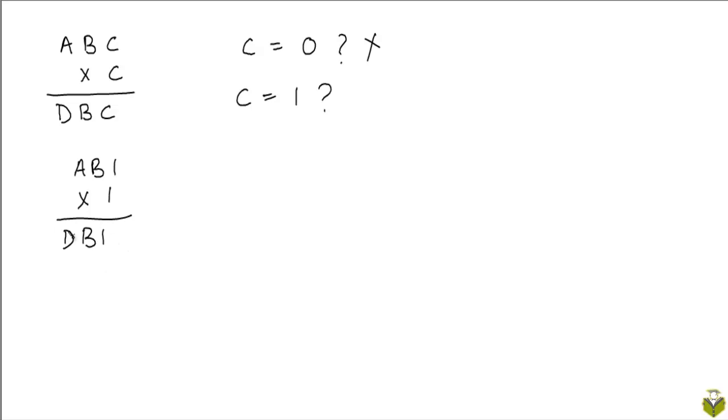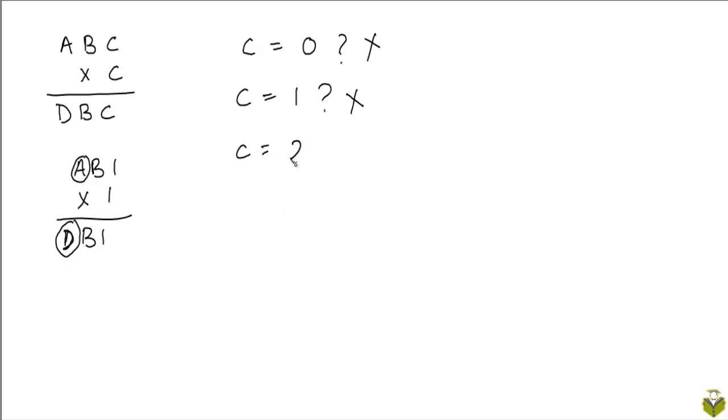And the fact that we have a letter D here, not the letter A, means that the digit being represented over here is different from the digit being represented here. So C cannot be a 1, because if C was 1, the result should have been an AB1. The hundreds place should not have had a different letter.